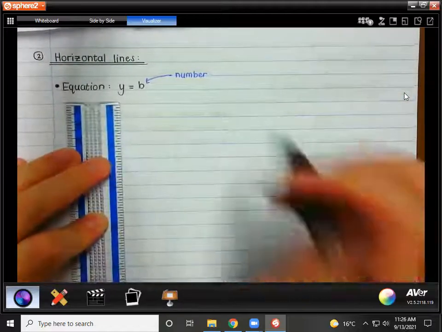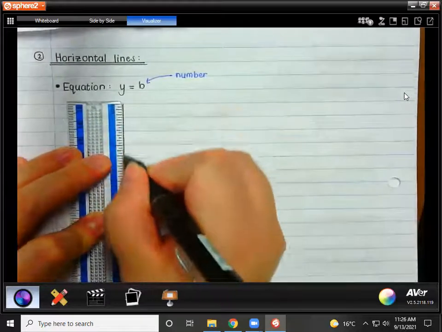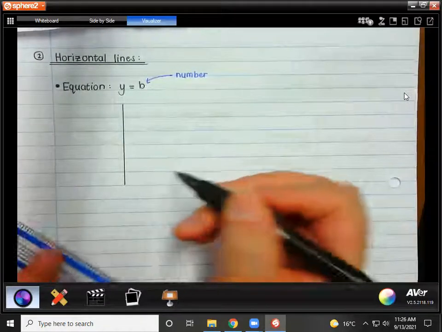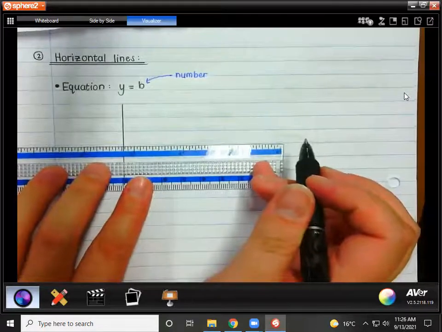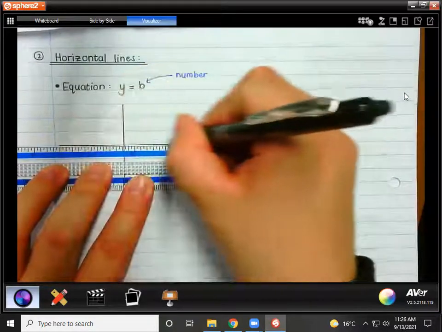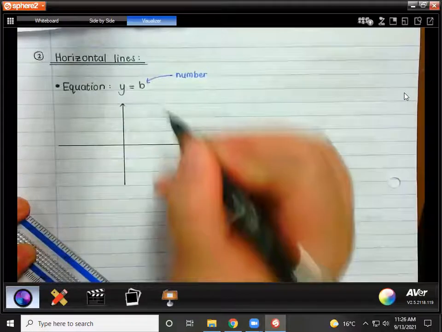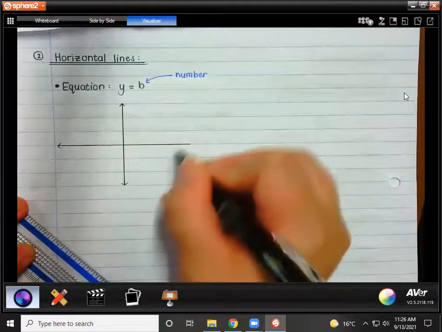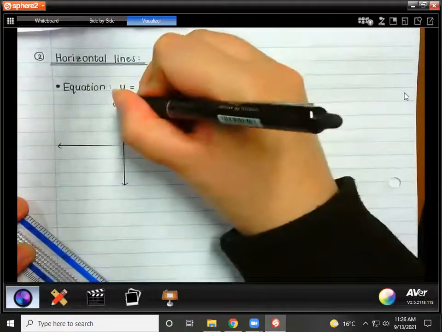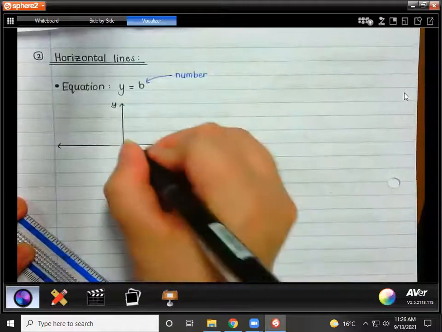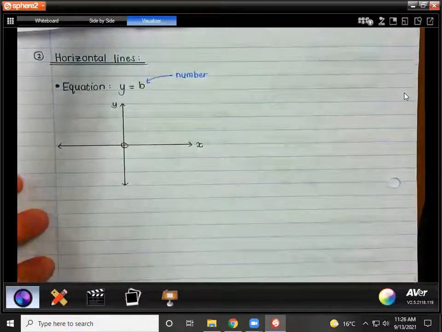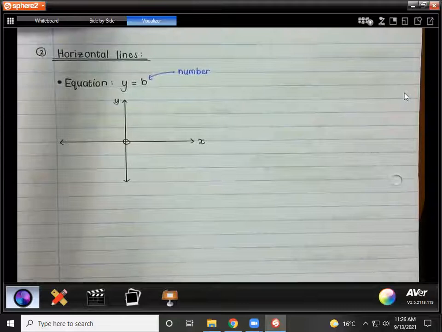We're just going to draw a Cartesian plane. Make sure that you do your arrows and you do your origin and you do your y and your x.